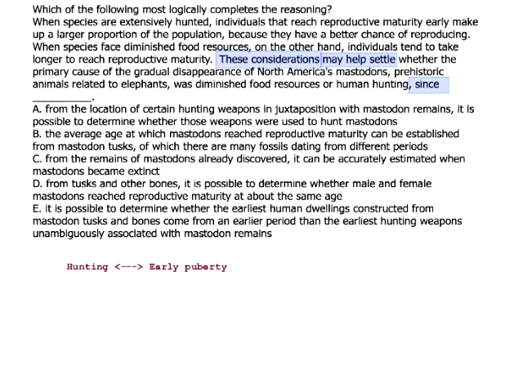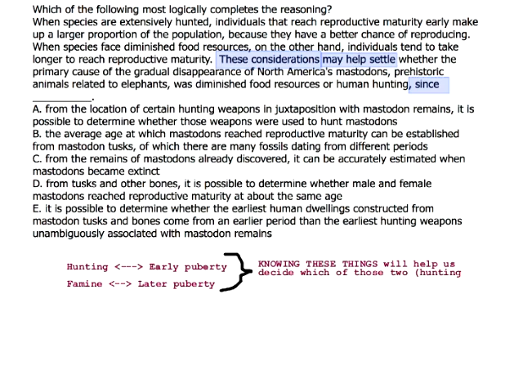Famine goes with later puberty. For whatever reason, they're not as kind with providing explanations as they were with the early stuff, but basically that's what it is. Hunting goes with early puberty, famine goes with later puberty. These are the considerations. And then what that last sentence says is, knowing these things will help us decide which of those two, hunting or famine, killed off the mastodons.